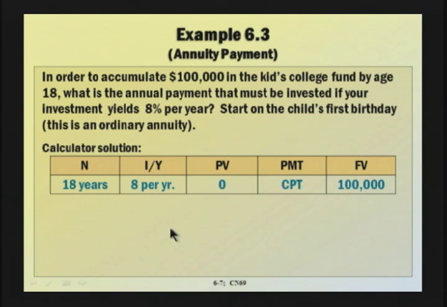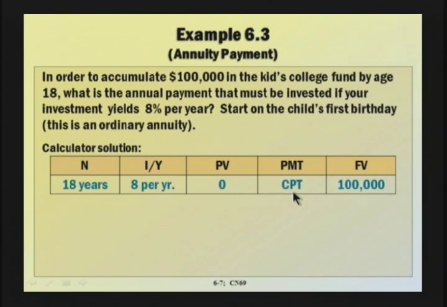Now, here is a case where we need to understand the consistency between N, IY, and payment. I'm going to compute a payment amount here. The calculator will give me some number for the payment amount. I have to understand whether it is telling me that's how much I will have to pay each year, each month, each day, or what.